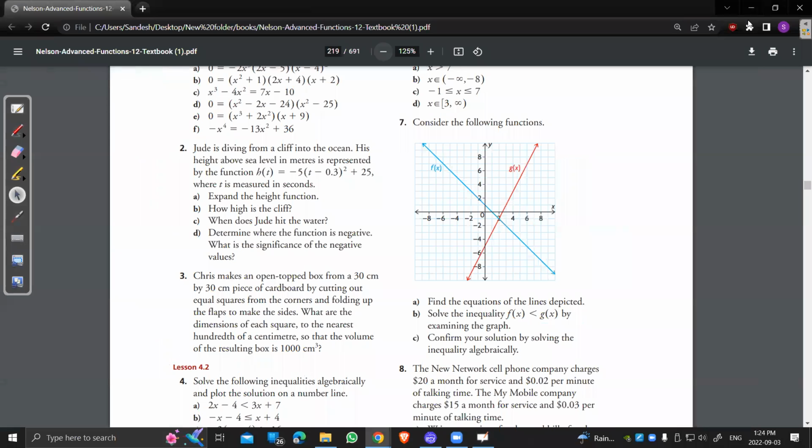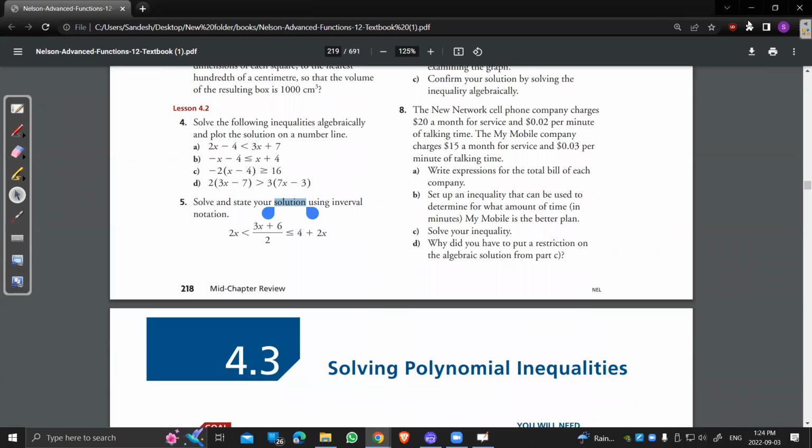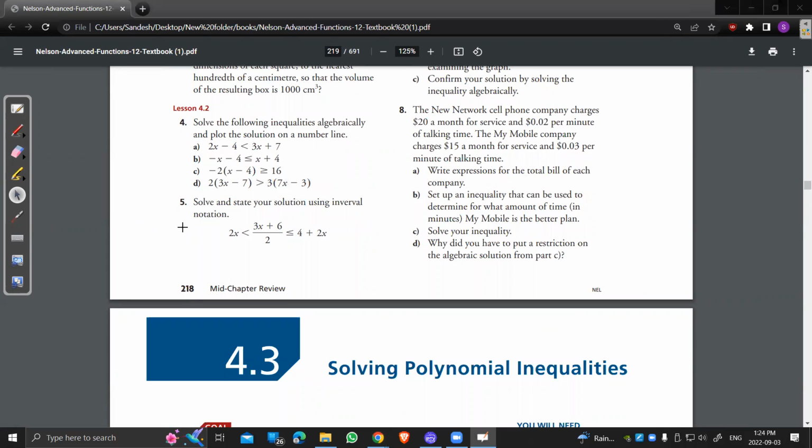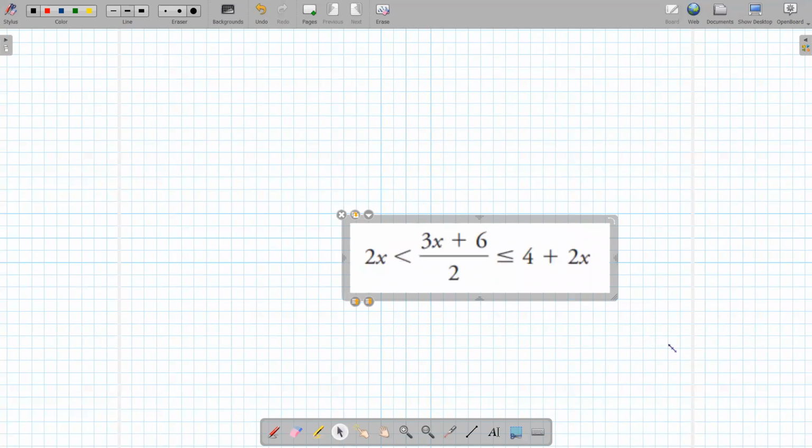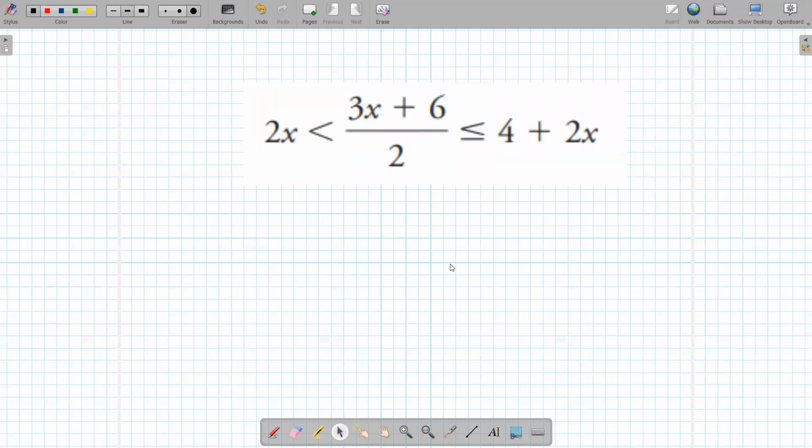Let's try doing this one. The goal is to solve for x. What's the first thing we do on all three sides?